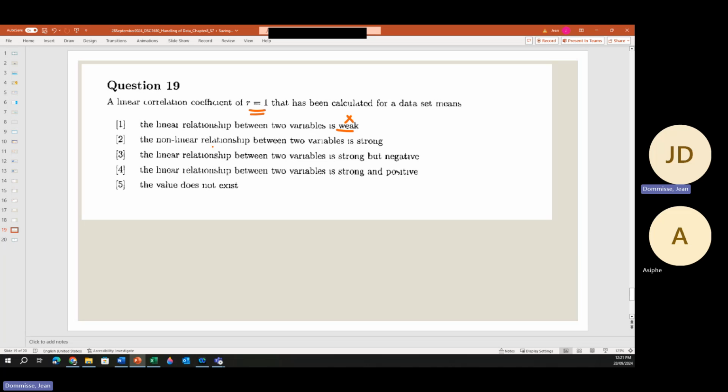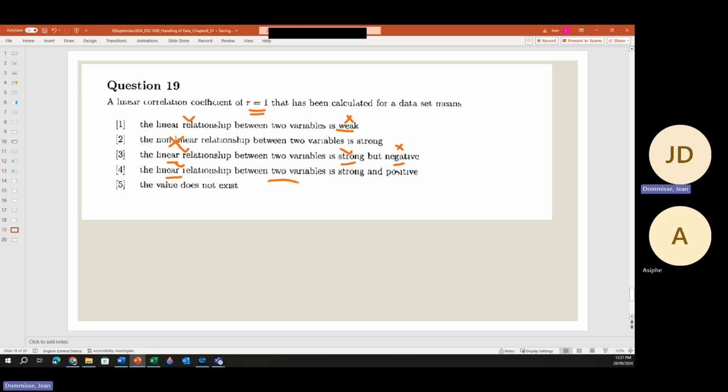The non-linear relationship? No, because we're working with R, it is between two variables, so it is a linear relationship. Between two variables, is strong but negative. Okay, strong is correct. Linear relationship is correct. But you can see it's +1, so it's not negative. So linear relationship, yes.